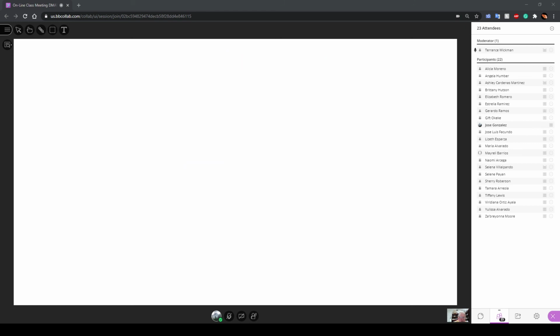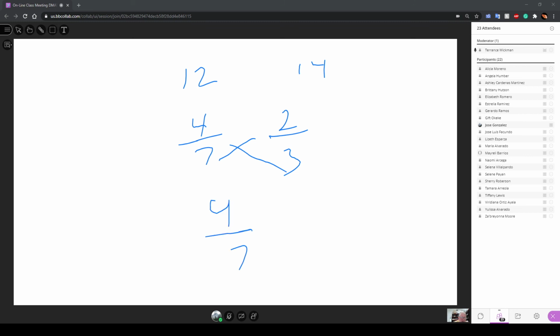If I take 4 sevenths and 2 thirds, and I want to know which one's bigger, I take this times this, which is 12, this times this, which is 14. This 2 thirds is bigger, so this would look like this.